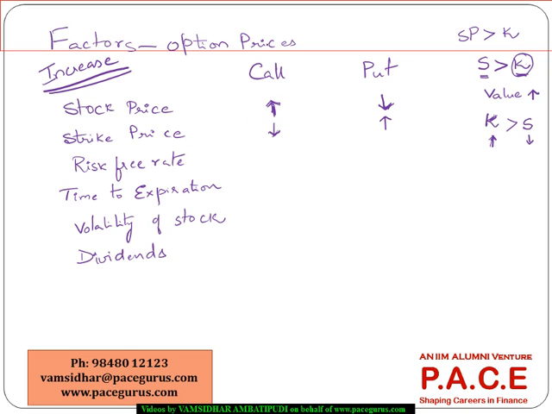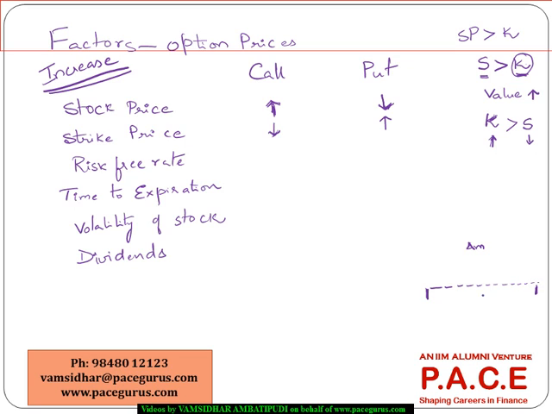Similarly, now when we are looking at, let's say, time to expiration, with respect to both the call option as well as the put option, we see that as the time to maturity is increasing, if there is a lot of time from today till the expiry date, and let's say I am considering an American option, so the exercise can happen any time from all these days.